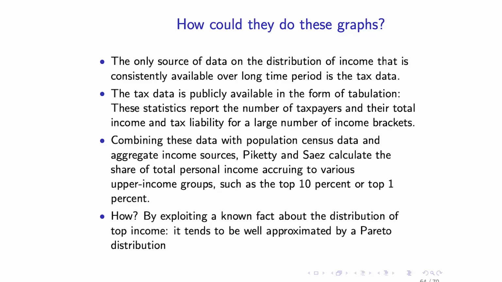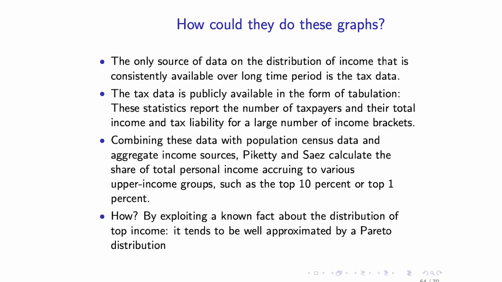The tax data also tells you the average income of people in the bracket. Combining this with population census data and aggregate income sources, they calculate the share of total personal income accruing to various top income groups you might be interested in: the top 10%, the top 1%, in fact the top 0.001%, if that's what you're interested in.